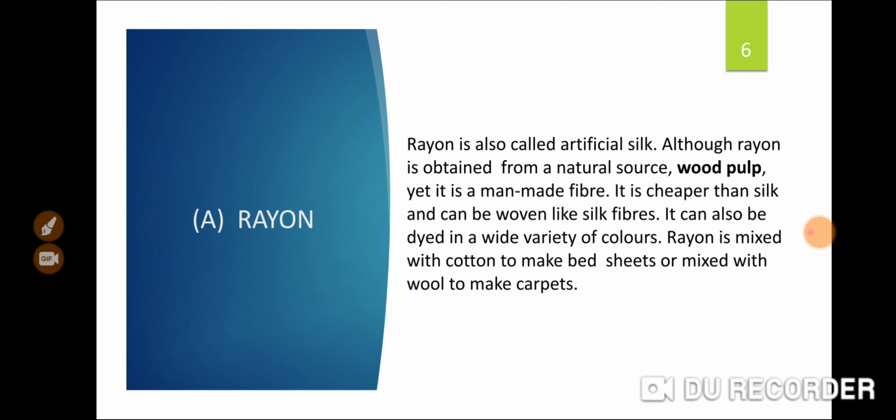Rayon is cheaper than silk and can be woven like silk fiber. It can also be dyed in a wide variety of colors. Rayon is mixed with cotton to make bed sheets or mixed with wool to make carpets.